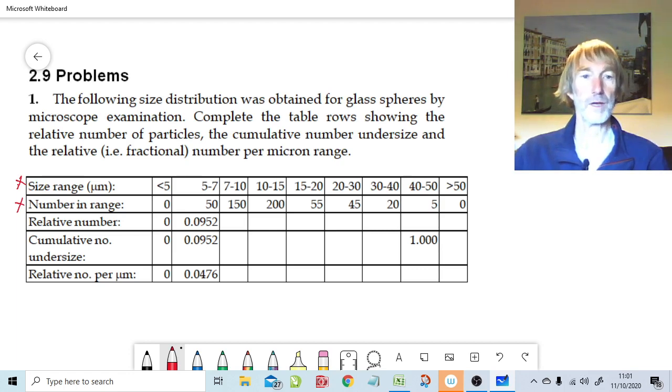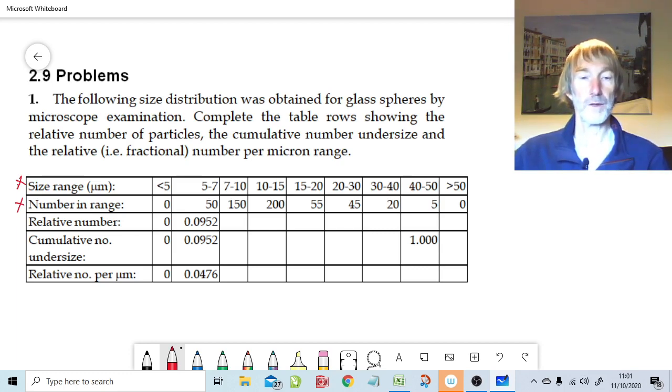And then we're asked to calculate 3 other lines, to complete 3 other lines, and we've got some data already input just to start us off here. So what we'll be calculating then are the relative number, sometimes called the fractional number, although it's expressed as a decimal, the cumulative number undersize.